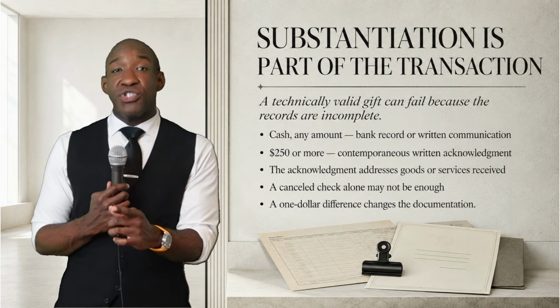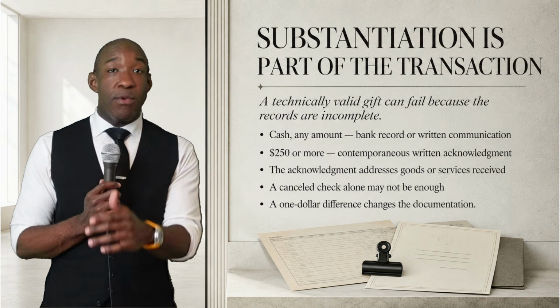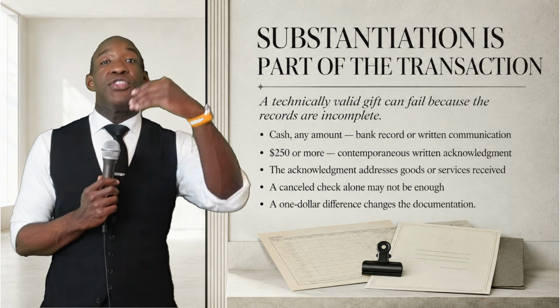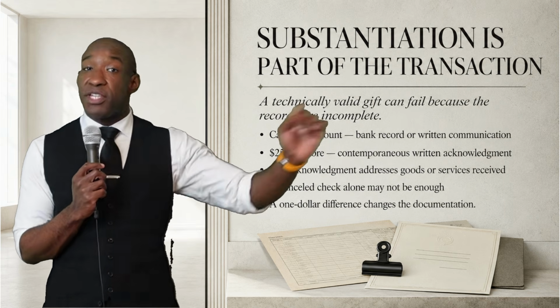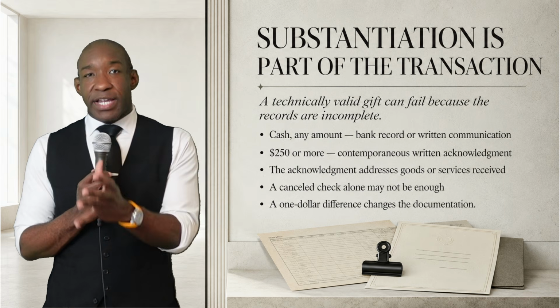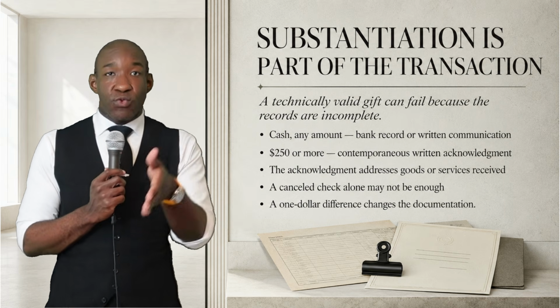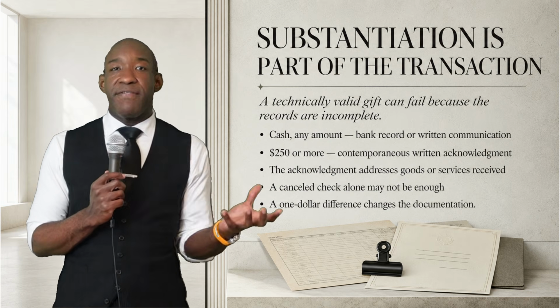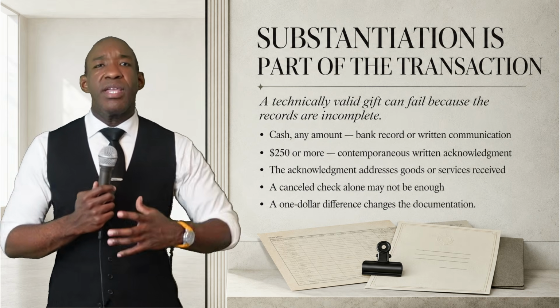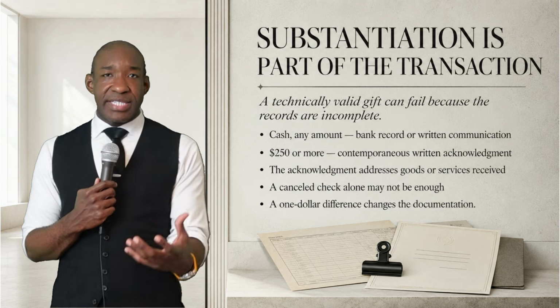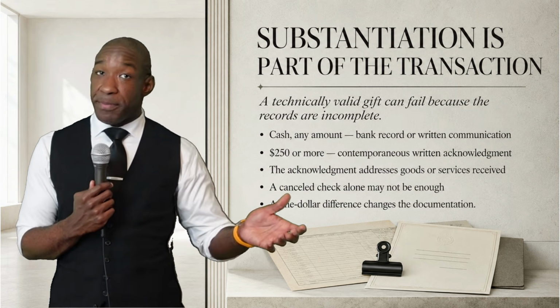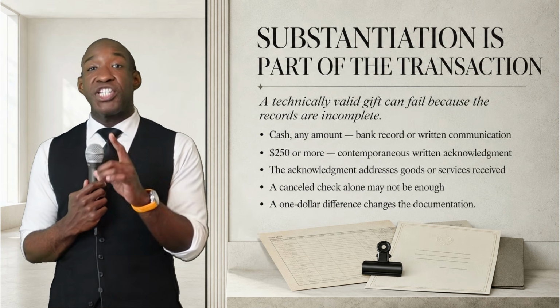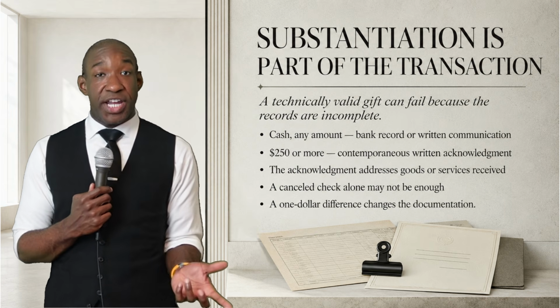For any contribution of $250 or more, whether cash or property, the donor must obtain a contemporaneous written acknowledgment from the charity. That phrase matters: contemporaneous written acknowledgment, often abbreviated CWA. The acknowledgment generally must state the amount of cash contributed, describe any non-cash property contributed, and say whether the charity provided goods or services in exchange.